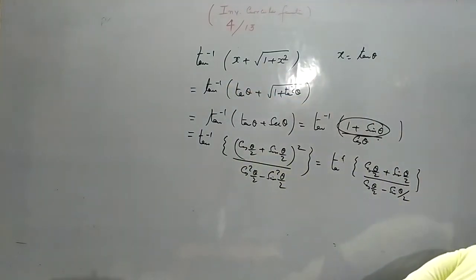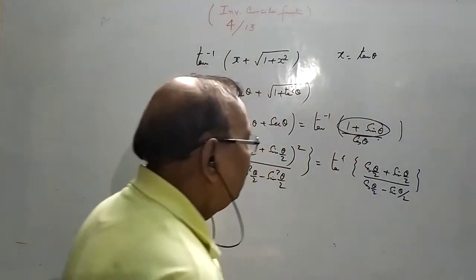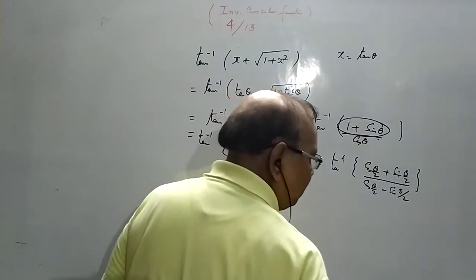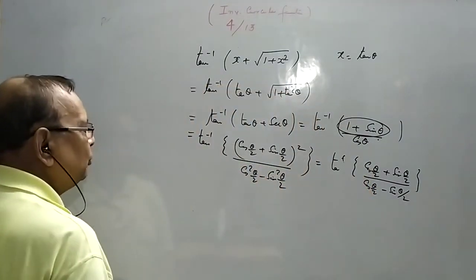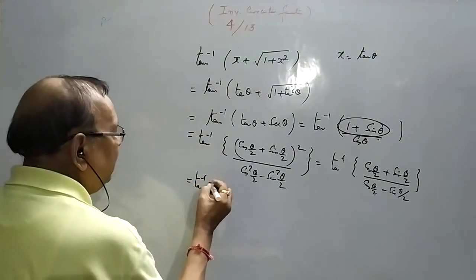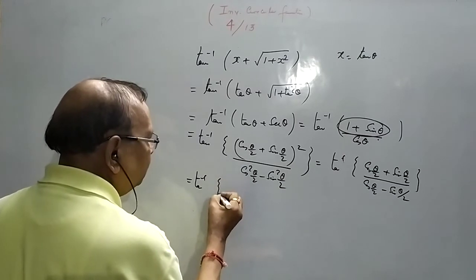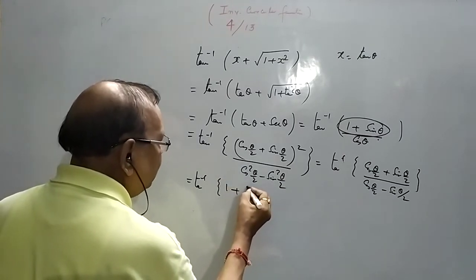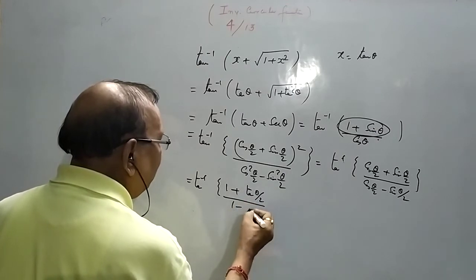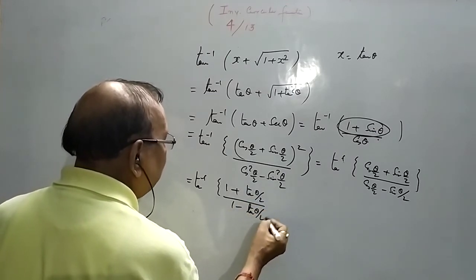What do we get? We have to convert into tan, by dividing cos theta by 2 in the numerator as well as the denominator. Tan inverse 1 plus tan theta by 2 upon 1 minus tan theta by 2.